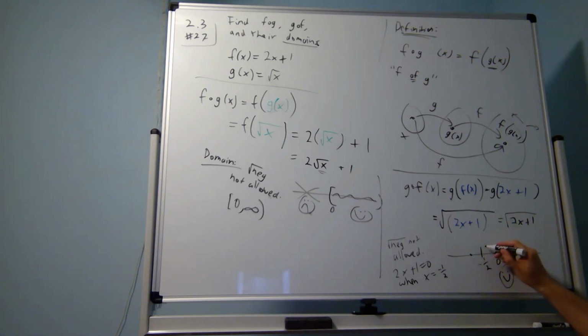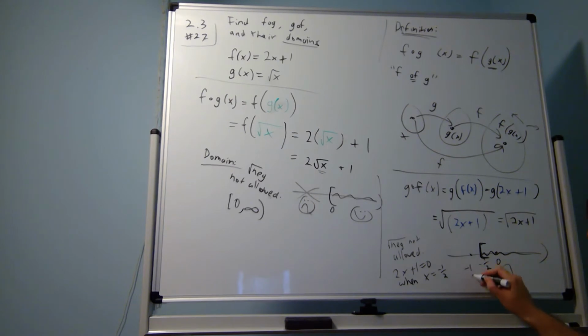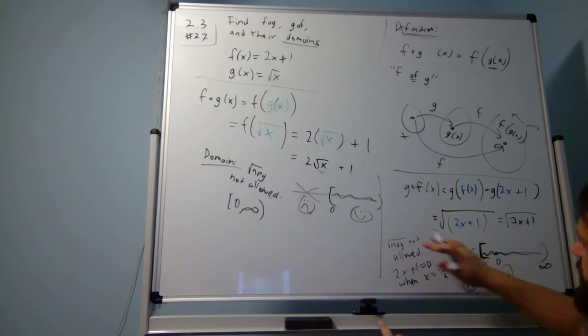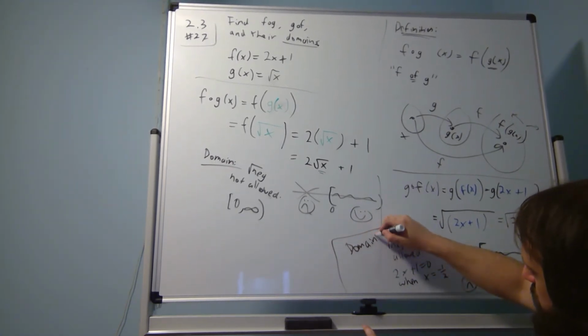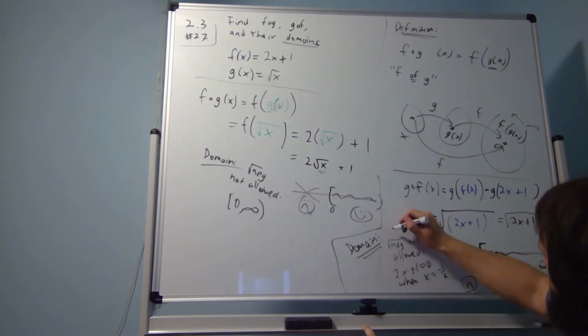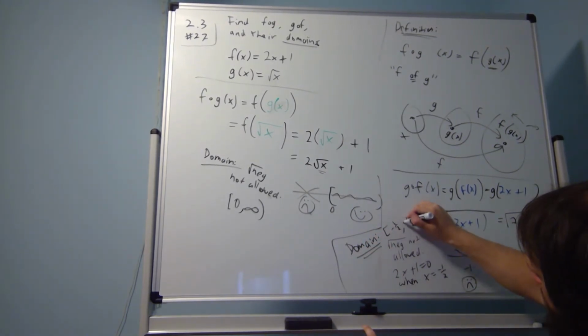Square root of exactly negative 1/2 is also a smiley face, because then you're taking the square root of 0, which is just 0, a real number. We're happy with that. But if you plug in a negative 1, you end up getting the square root of negative 1, which is not a real number. So for this problem, the domain starts at negative 1/2 and goes all the way out to infinity.